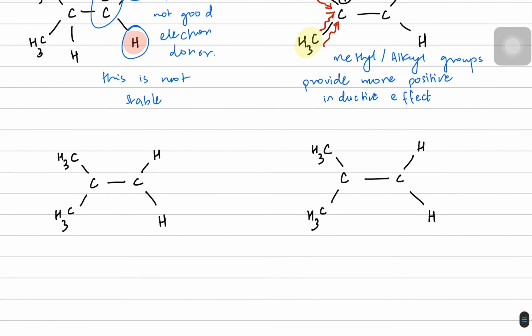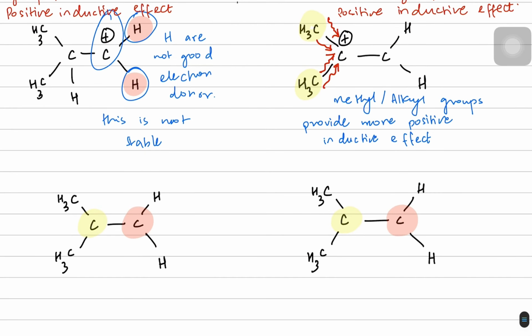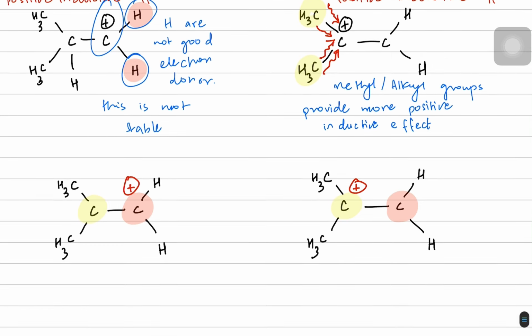So red carbon getting a positive charge or yellow carbon getting a positive charge. We know the one with the red carbon positive charge, carbocation, is less stable. The one with the yellow carbon getting a positive charge is more stable.